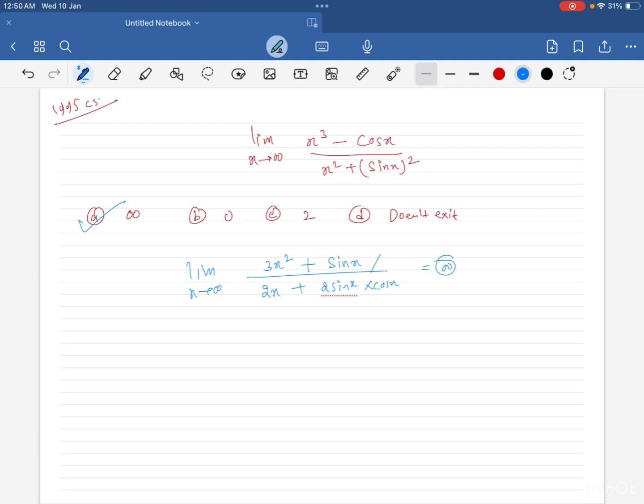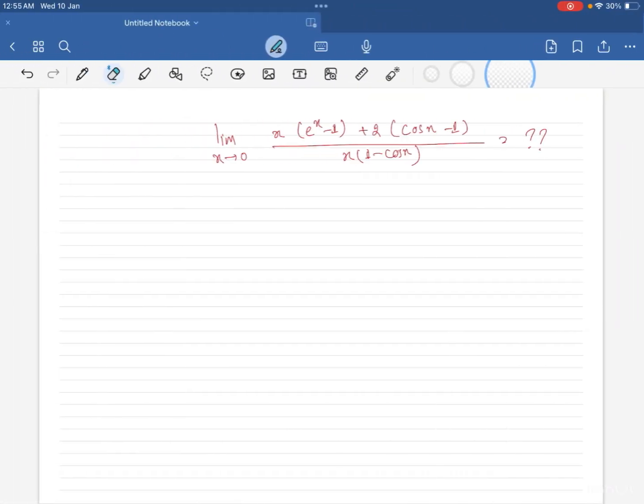Because if we take the common x square, then here we will have x square, and limit x tends to infinity, that is going to be 0. Similar for this, right? But here we will have some x term, right? And if limit x tends to infinity, and this denominator is some finite, so that is going to be infinity, so the correct answer is A.